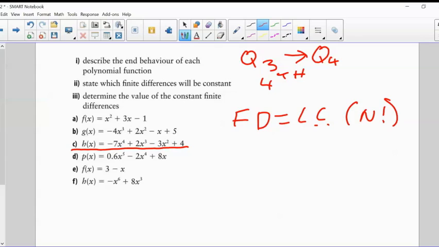The lead coefficient is the number that's in front of the term with the highest exponent. Okay, which of these terms has the highest exponent? Okay, so it is in fact -7. Perfect. It's not necessarily the first number, it's just the number in front of the term with the highest exponent. Could you put it all in the equation and work it out for us now, please, Brooklyn?